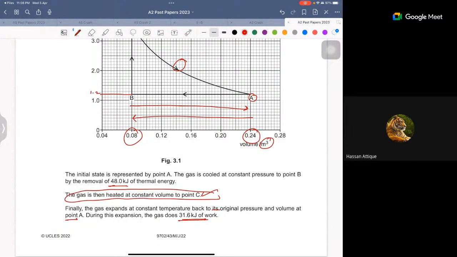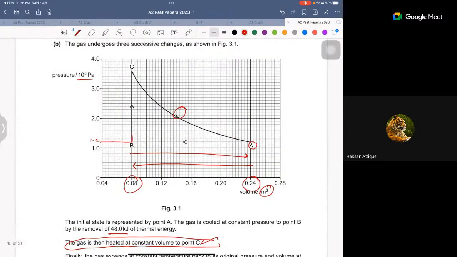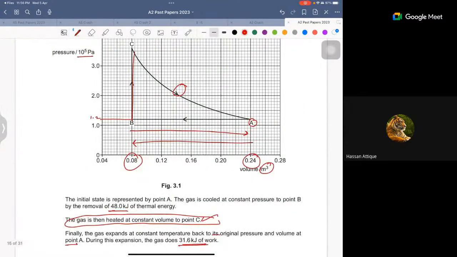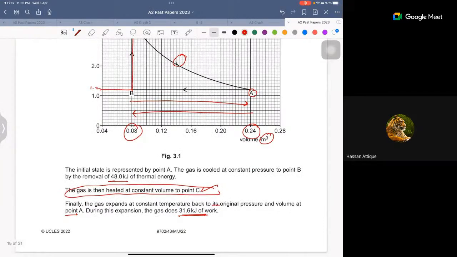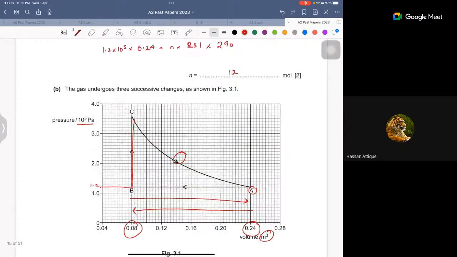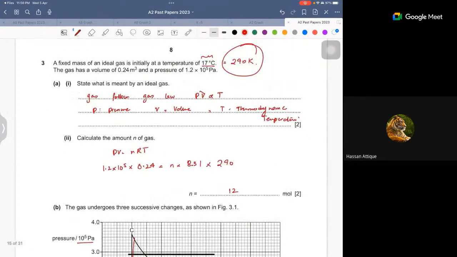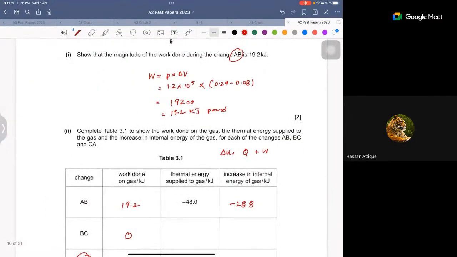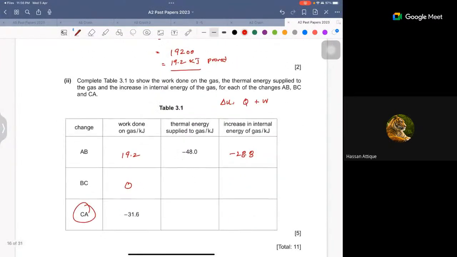The gas is cooled at this, and then for BC there was no work done because volume was the same. So we'll do BC first. Let's just put 0 here. And then what else is left? What else do we got to understand? Okay, this was 19.2, and this is the increase in internal energy.